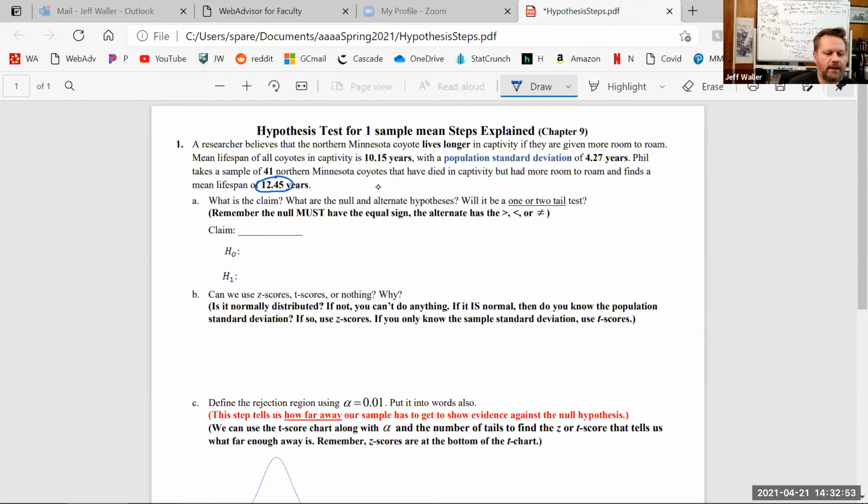Part A is about a claim. Does somebody know what the claim is? What would I write here? It's the first sentence. I don't want all that English. I want beautiful math. Beautiful, compact, efficient math.